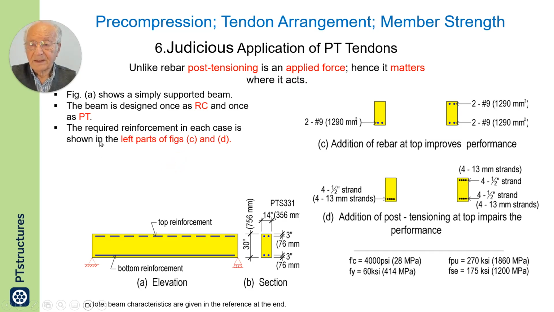Then the required reinforcement in each case is shown in the left of the figure. This is required. The left figure is conventionally reinforced, and this one is post-tensioned.